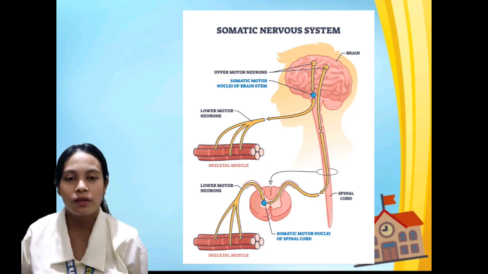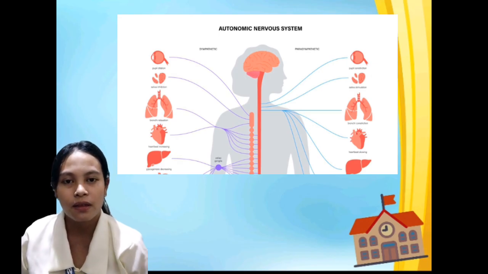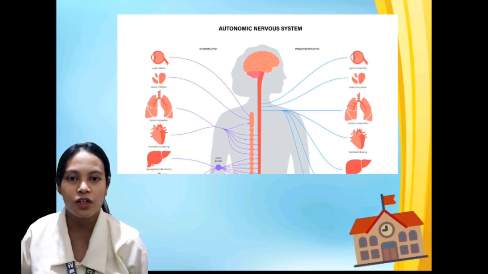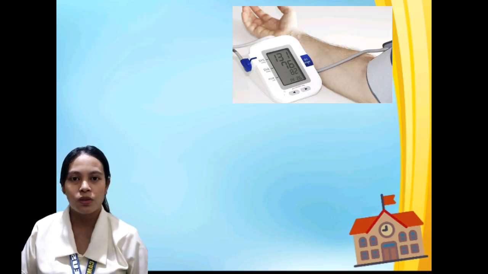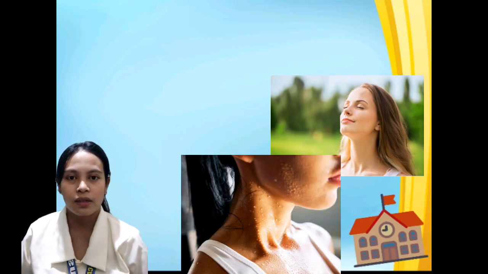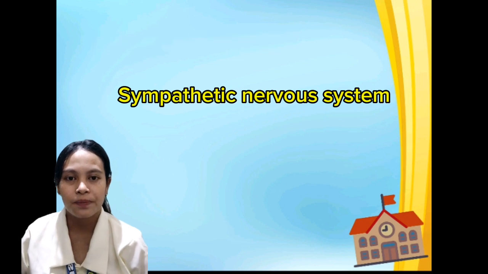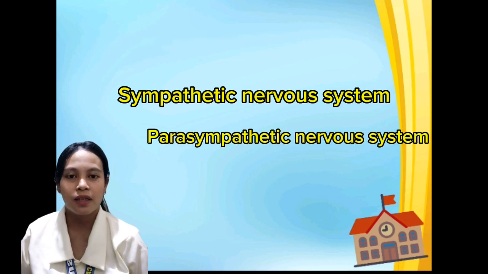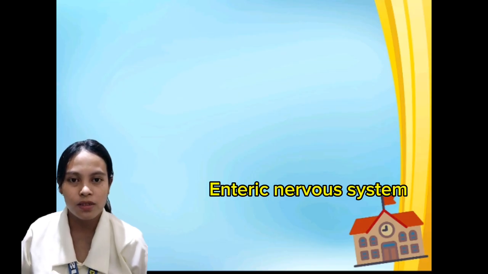While the autonomic nervous system is the branch of the nervous system that controls involuntary functions such as heart rate, blood pressure, digestion, breathing, and sweating. It has three main divisions: the sympathetic nervous system, the parasympathetic nervous system, and the last one is the enteric nervous system.